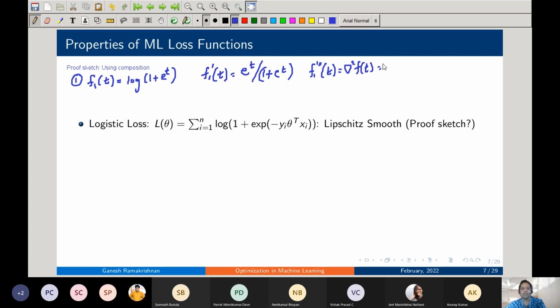So you'd use the quotient rule of derivative.